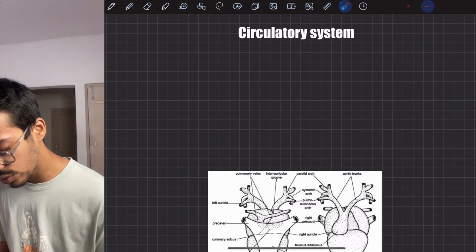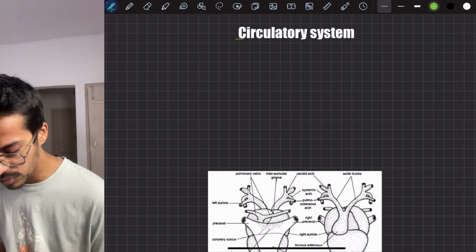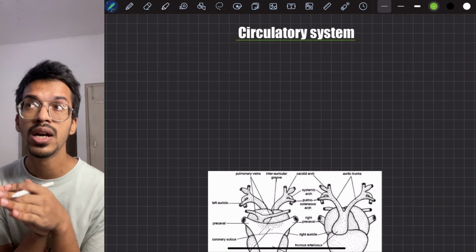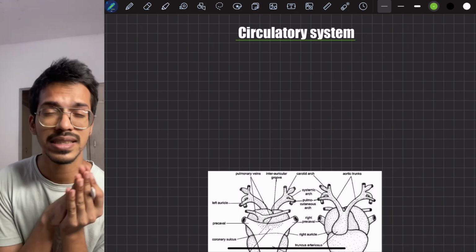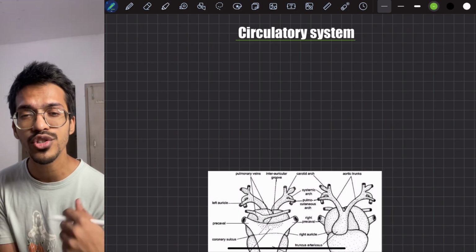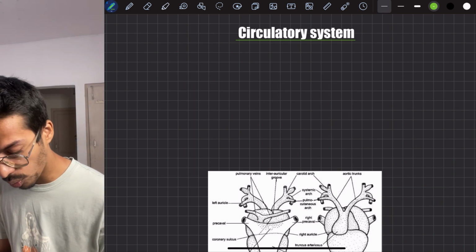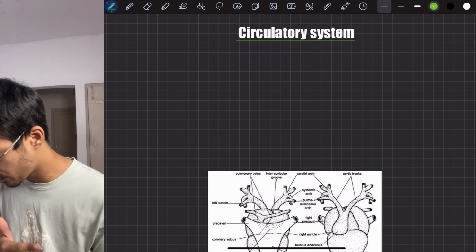Next goes to the circulatory system. When we study the circulatory system, it means how the blood is transported. Not just blood, but the lymphatic system also, because that is part of circulation in the body. It is a very important one, with a closed type of circulatory system.